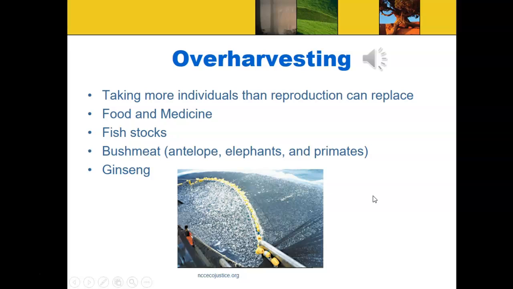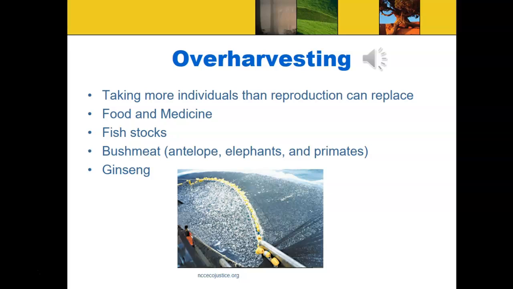Overharvesting is taking more individuals than reproduction can replace. We overharvest to get food and medicine. Especially fish stocks is one of the most overharvested living things in order to provide us with food. Bushmeat, antelope, elephants, and primates are also overharvested.